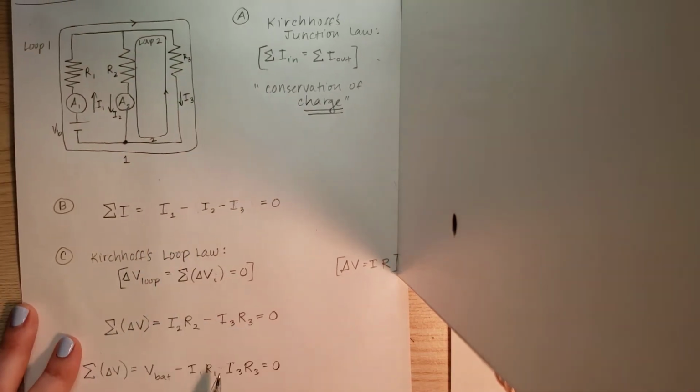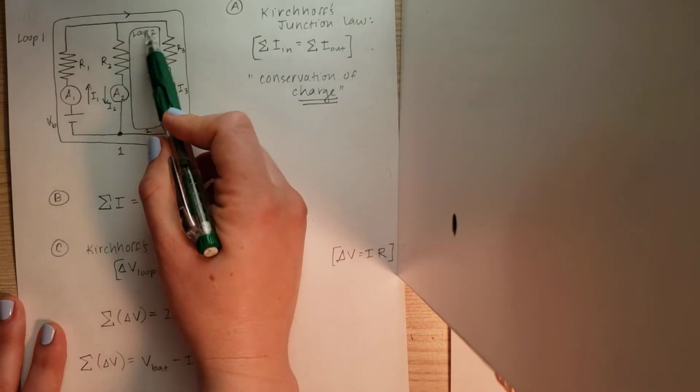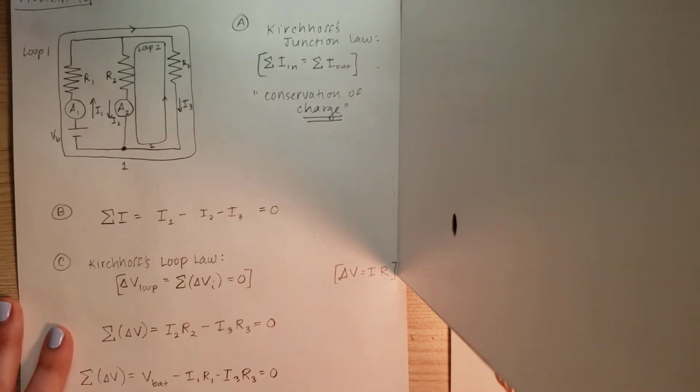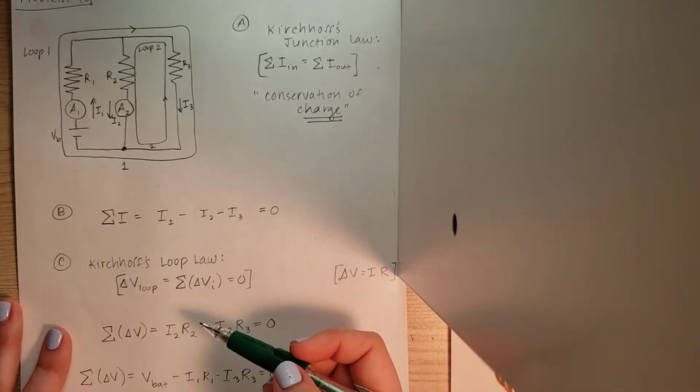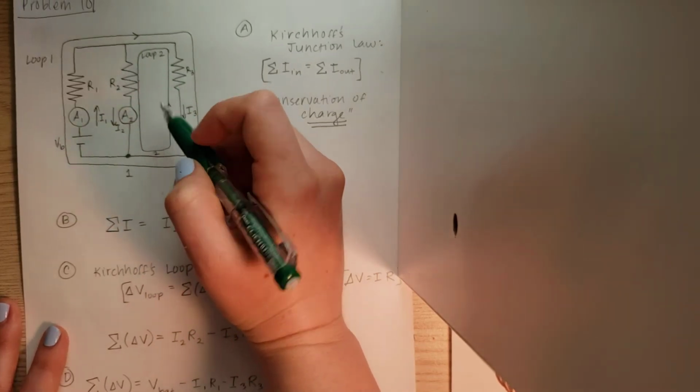And then for part C, they want us to apply the loop rule to loop 2, which is this smaller loop here, and sum the voltage changes across each circuit element around the loop going in the direction of the arrow. So notice the arrow is going counterclockwise.